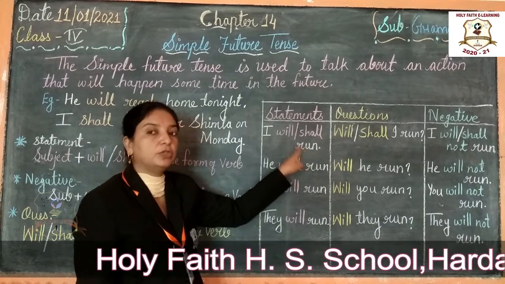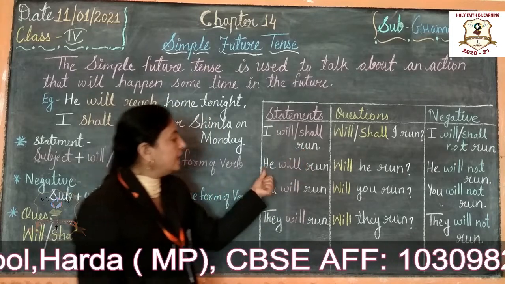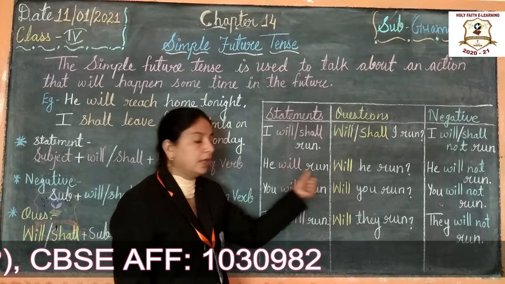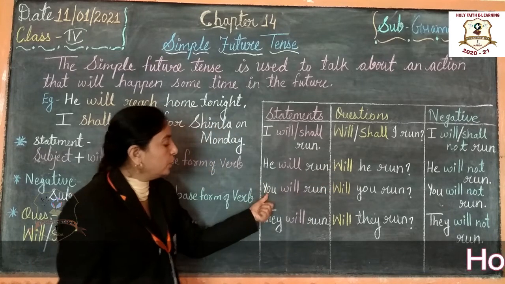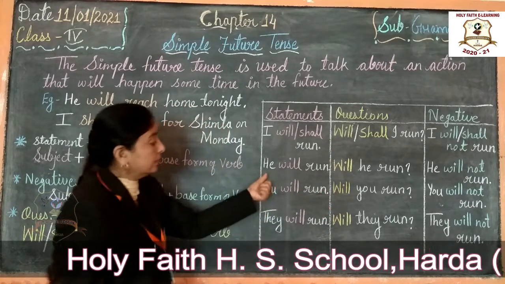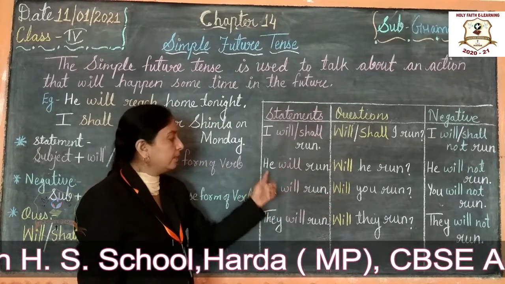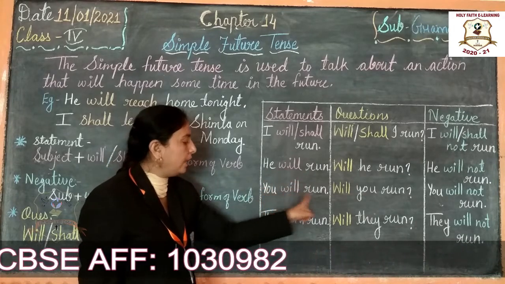Action और doing word जो होता है वो base form of the verb ही हमको use करना है. He will run. You will run. Singular और plural में सभी में हमको will ही use करना है.